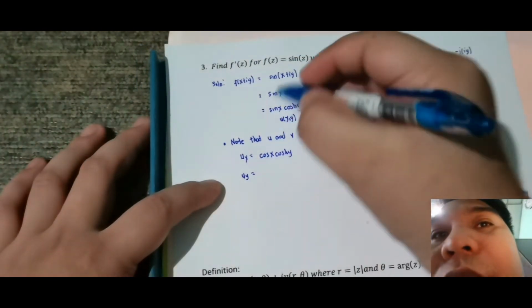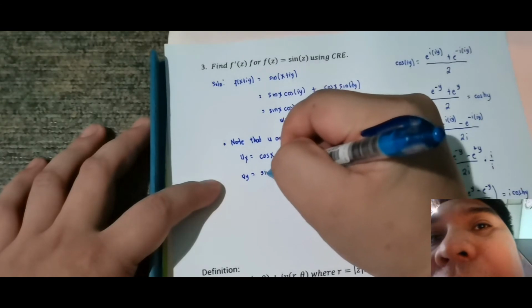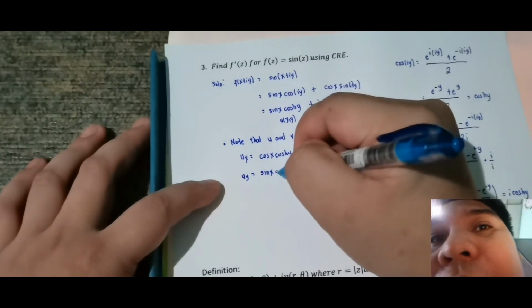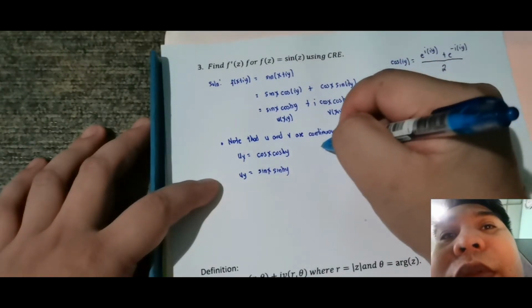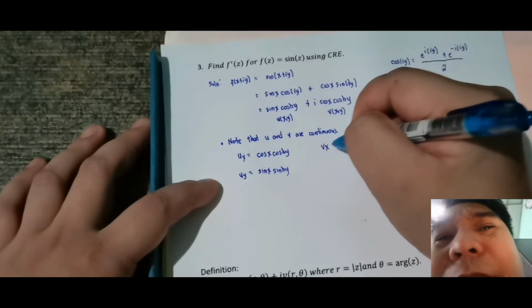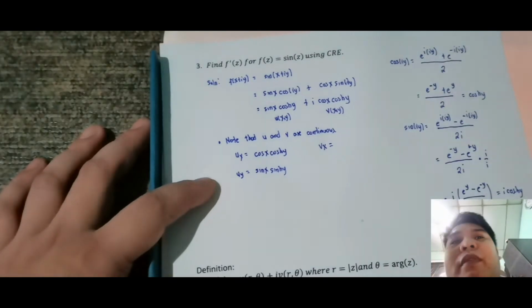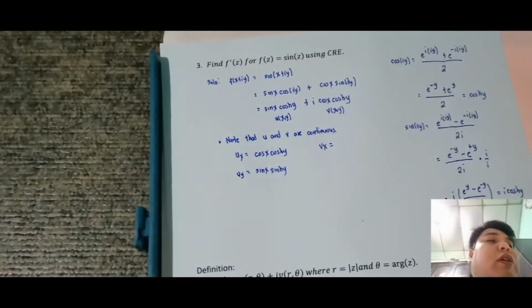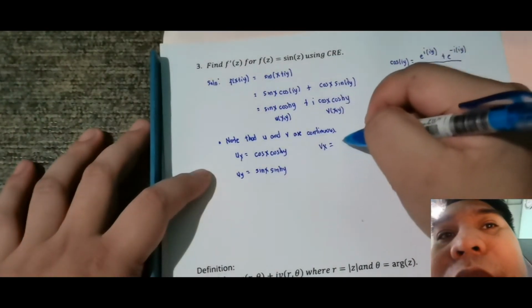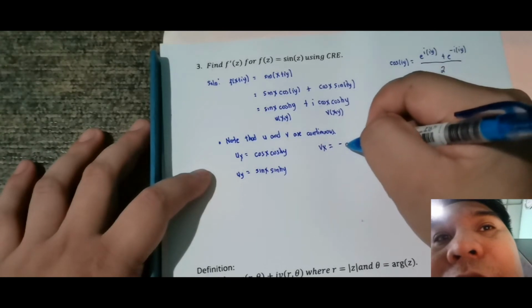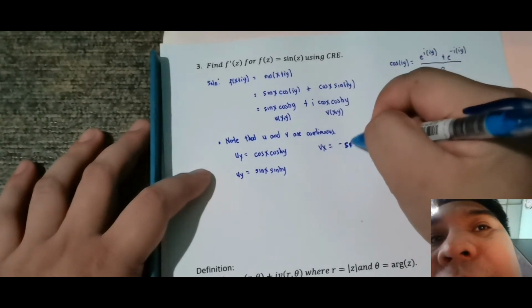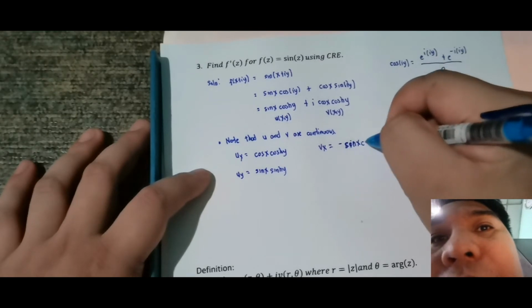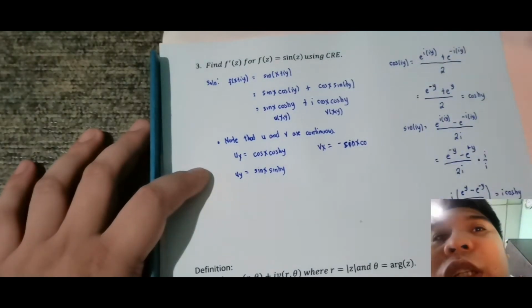So this is only equal to sin x sinh y. Next, the partial derivative of v with respect to x: the derivative of cosine is negative sine, so this is negative sin x, then cosh y.